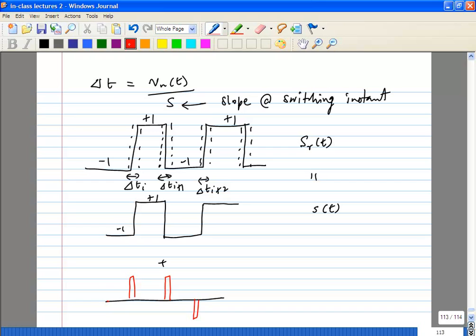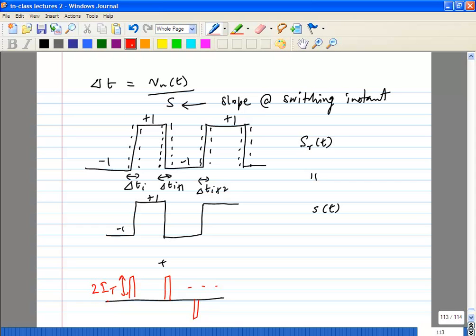Okay, and what's going to happen is the sign of these pulses is going to be either plus 1 or minus 1 depending on the actual value of Vn of t at that time. And the height of these is always going to be 2It.